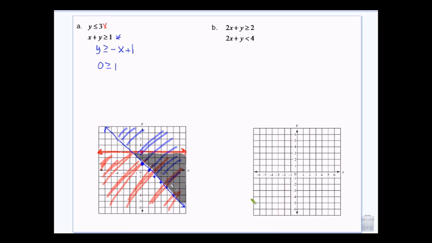Now, some people don't like all that shading because they think it's too messy. And that's fine. There's another way we can do this. I'm going to put that into y equals mx plus b. I'll graph it.